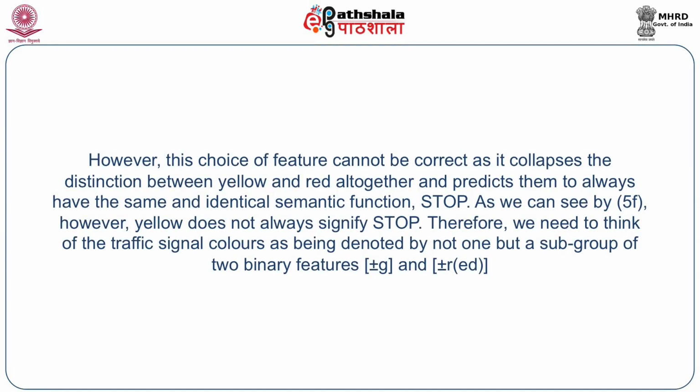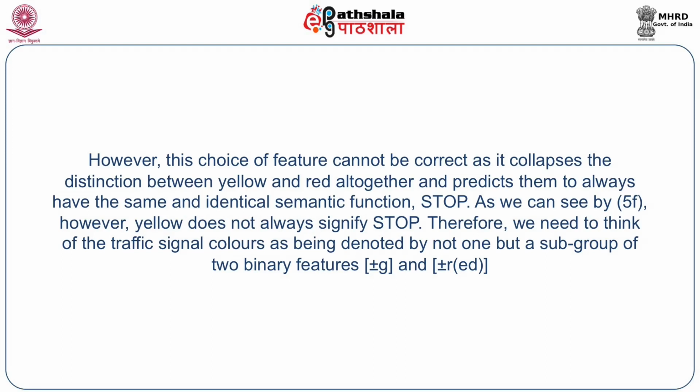However, this choice of feature cannot be correct, as it collapses the distinction between yellow and red completely. And we know that yellow can, depending on its state, sometimes mean go, because yellow and red do not have the identical function stop.